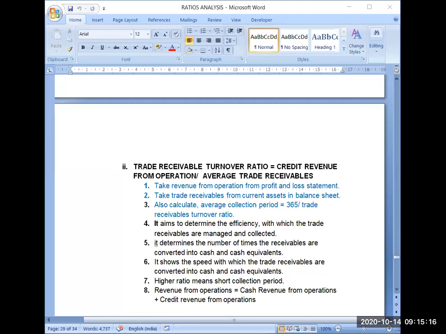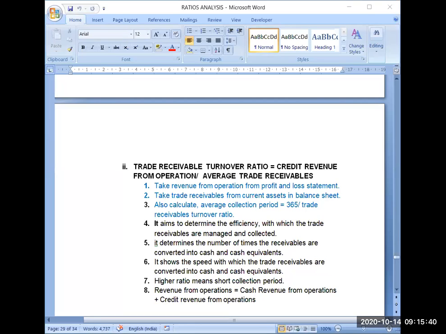Now what we are actually finding is how efficient your policies are, or how efficient your management is in managing your trade receivables, how many times in a year you are converting your trade receivables into turnover.